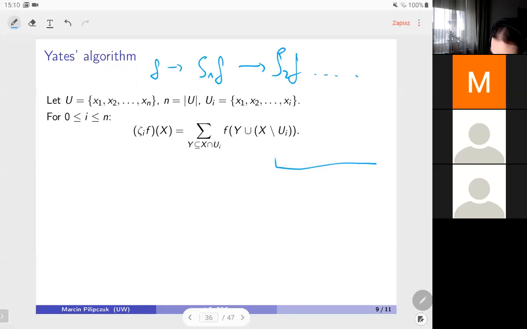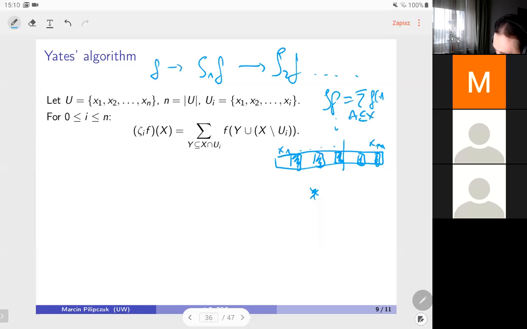Think of this universe as the elements x1 up to xn. There's some index i, and think of my set x, which contains this element, and this element, and this element, and this element, and this element. Now zeta f sums f over all subsets of x.